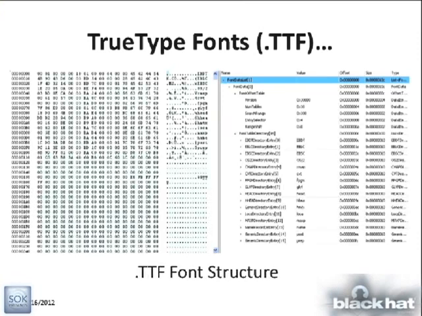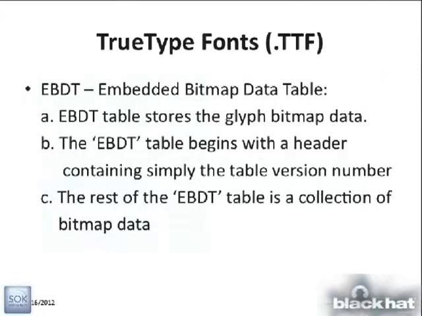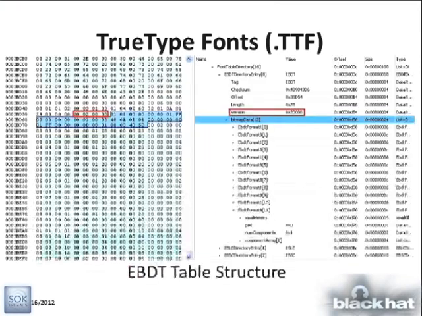This slide shows an example of the TTF font structure. The EBDT table is designed to store the glyph bitmap data. It begins with a table version number, and the rest of the table is a collection of bitmap data. As you can see from the slides, the EBDT table begins with the version header, with version number 2.0, followed by strikes of bitmap data in an array.